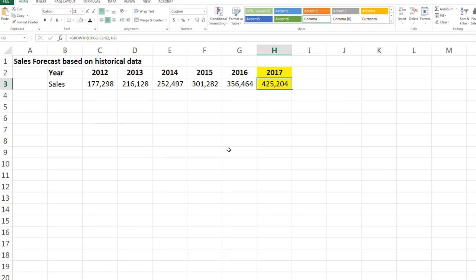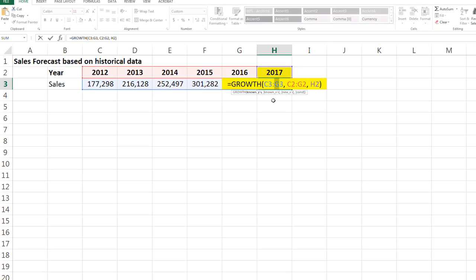This second shortcut, the function GROWTH, projects the next number in a series that is growing exponentially. This function works a little differently from the FORECAST function. The first parameter is the series of known y values, the prior year's sales.